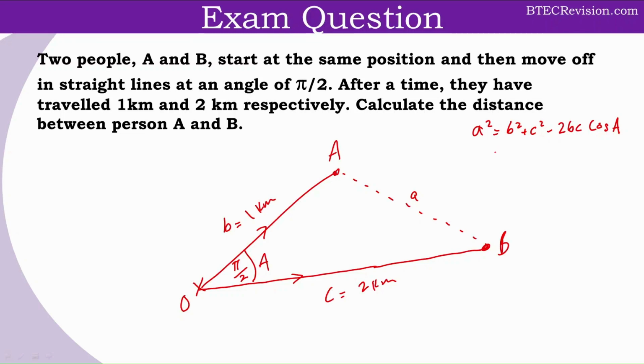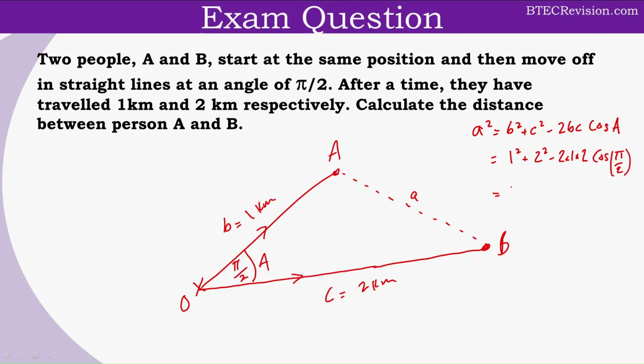Okay, now we can just plug in all our values. So we know B squared, that's 1 kilometer squared, plus C squared is 2 kilometers squared. Take away 2 times 1 times 2 cos pi/2. Now remember, we're using radians here, pi over 2, so therefore we need to make sure we set our calculator unit in radians.